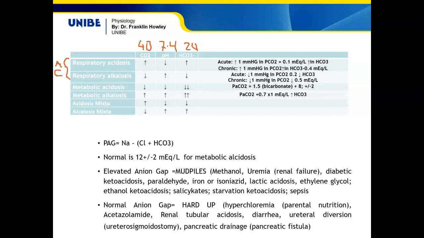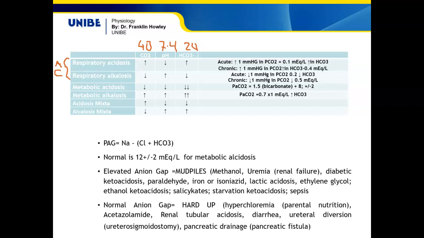The only thing we may do is to be aware if the respiratory compensation is correct. And finally, with mixed acidosis and alkalosis, we don't need to know anything else. As soon as we determine that it's a situation where we have 2 diseases or 2 disturbances, that person has both respiratory and metabolic acidosis, or respiratory and metabolic alkalosis, so it's mixed, we don't need to add anything else.